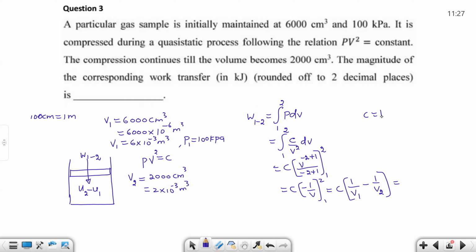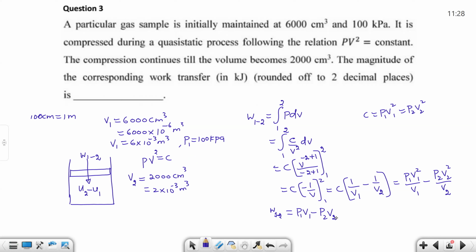C can be P1 V1 squared or P2 V2 squared, both you can take. Maybe P1 V1 squared by V1 minus P2 V2 squared by V2. So the work transfer in the process 1 to 2 is P1 V1 minus P2 V2.